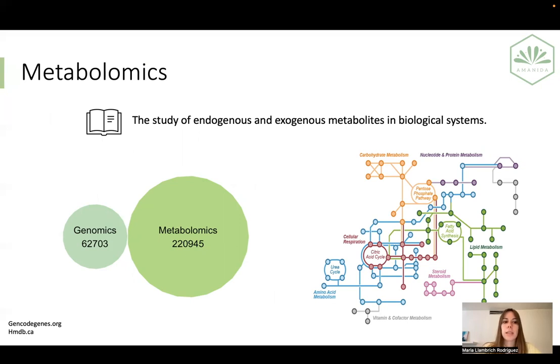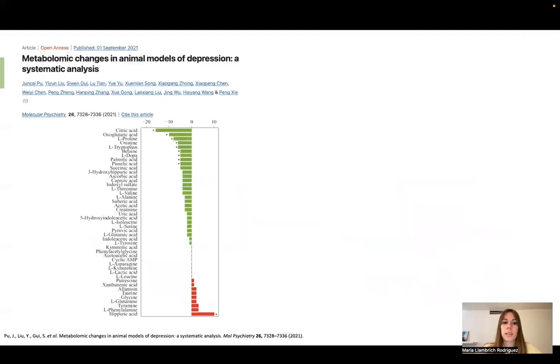Regarding the characteristics of these studies, the number of possibilities when we do a metabolomics study is really big. The number of metabolites is three times bigger than the number of genes in humans. For that reason, all the meta-analyses that we found in metabolomics, and there are few, look like this.